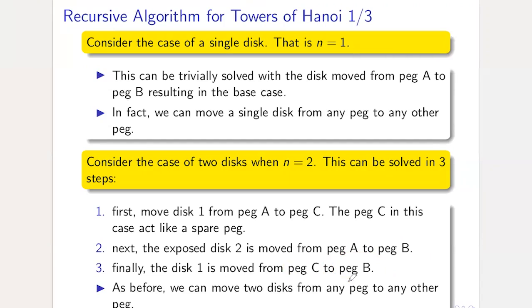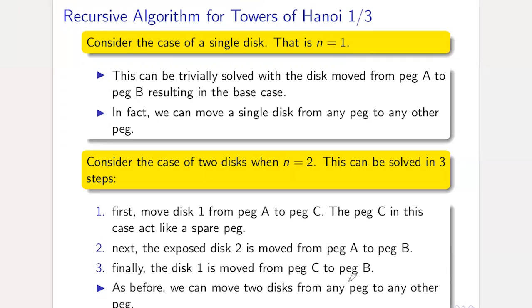Now, of course, this is similar to the earlier case. We can always move to any peg, because our goal is to put the disks in peg B. That is why we moved the top disk number 1 to peg C and went like that.